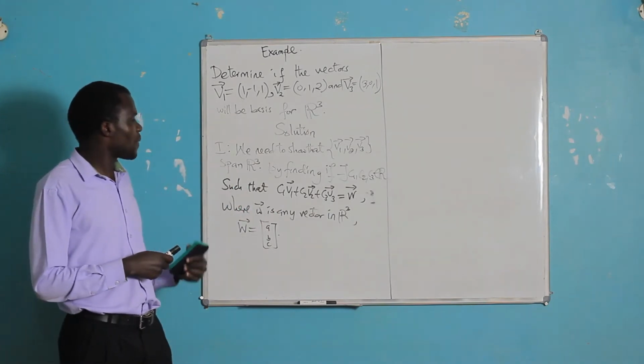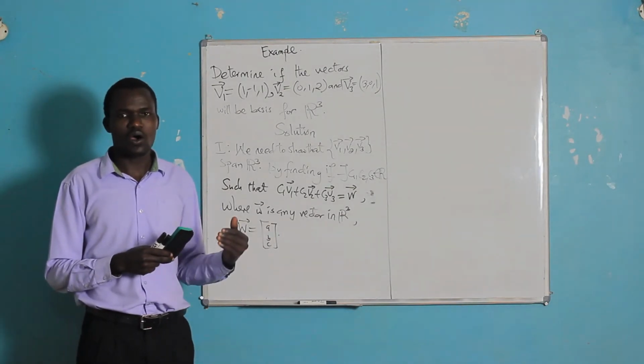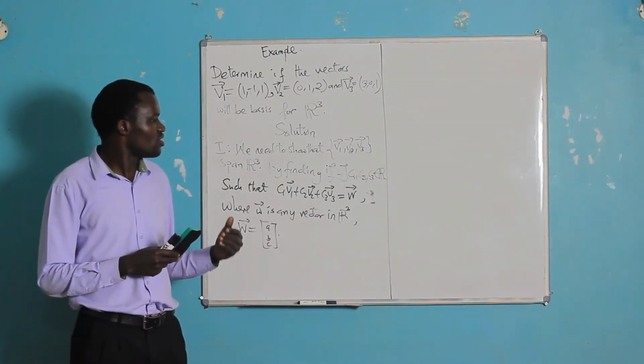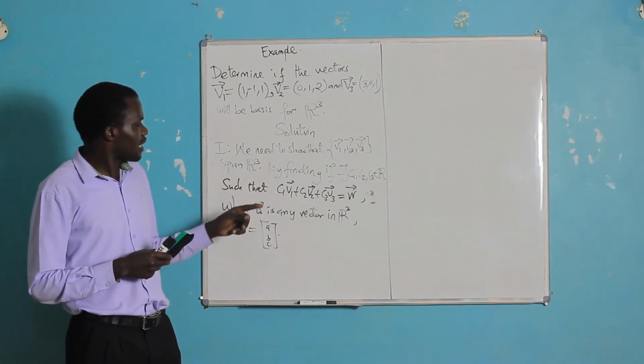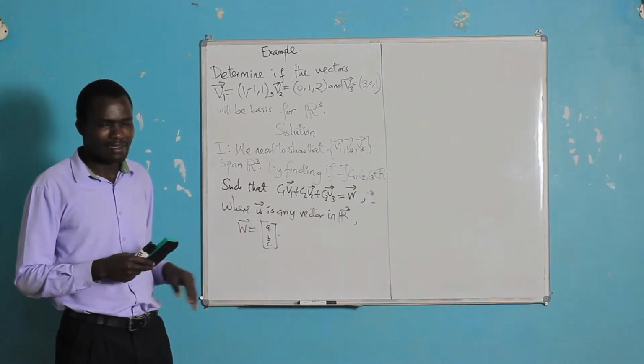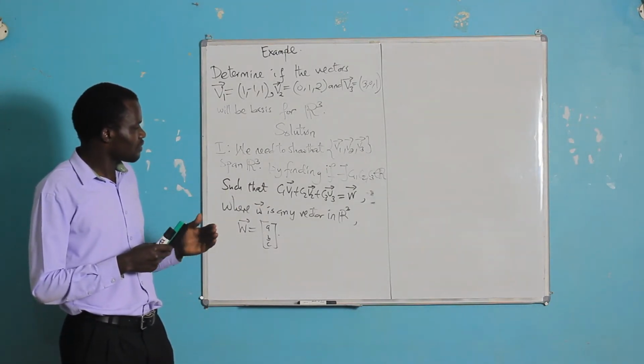We show it by finding if there exist scalars, I mean three real numbers, such that any vector W in 3 space can be written as a linear combination of these three vectors.